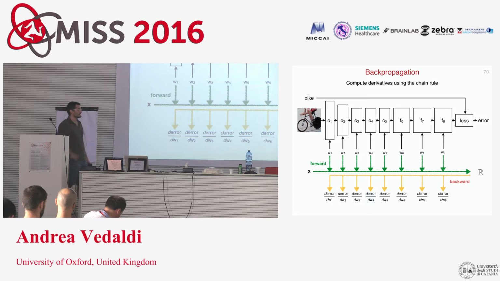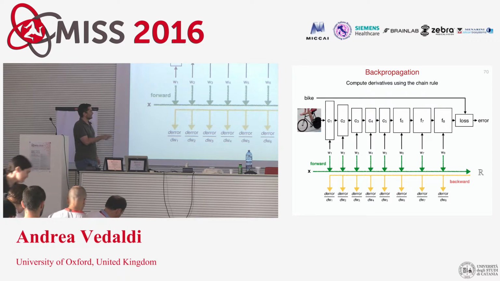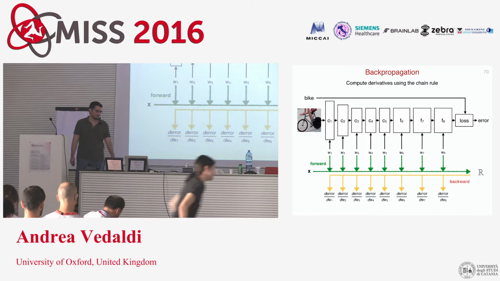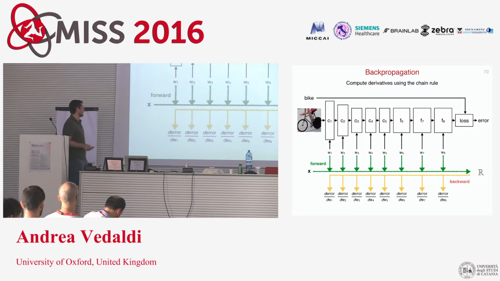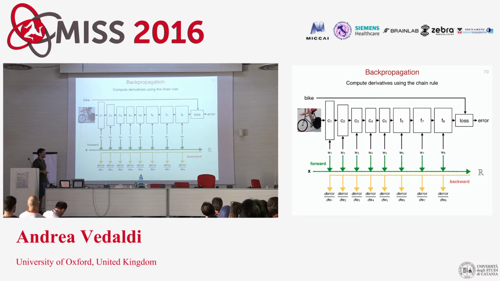So the output lives in the reals, and this function is parameterized in all the filters you have. And now, for the goal of gradient descent optimization, you want to compute the gradient of this error, this scalar, with respect to all the parameters, right? So backpropagation is a procedure that allows us to compute the derivative of the error with respect to all these numbers.